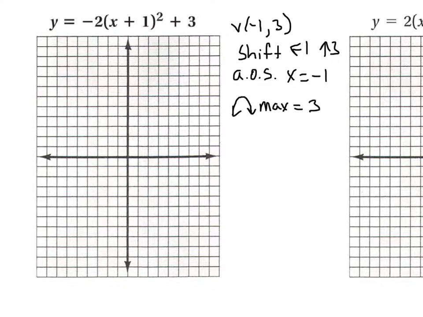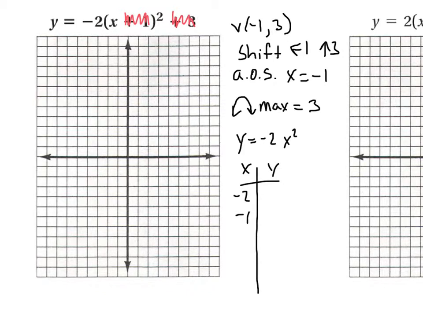Well, now that we have all of that, we can go ahead and plot points for this. When we plot points, remember, you ignore the shift. So I'm plugging into y equals -2 times x squared. I use my same x values, -2, -1, 0, 1, and 2. Plugging in -2, what's -2 squared? -2 squared is 4, and what's 4 times -2?